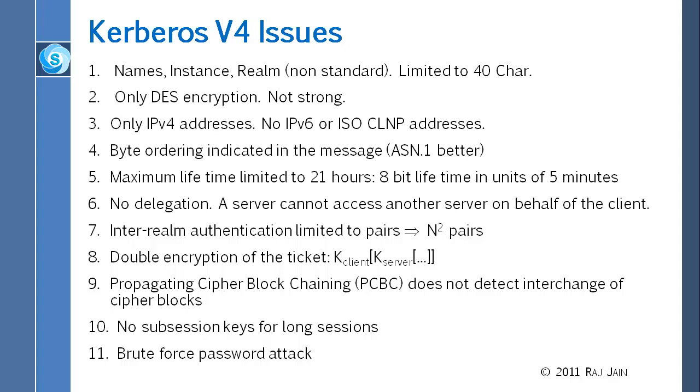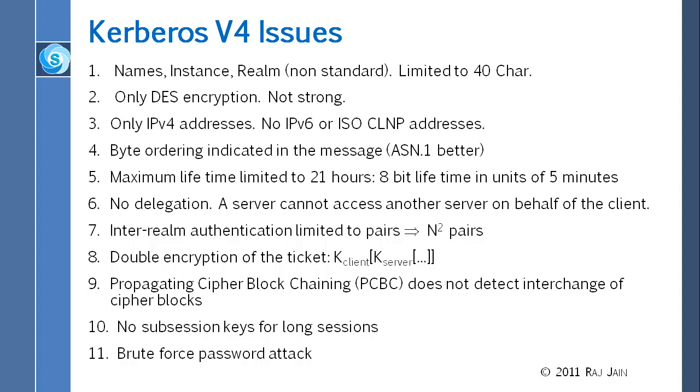Right now the byte ordering is indicated in the message. Then the maximum lifetime is 21 hours because it is an 8-bit lifetime in units of 5 minutes. So 5 minutes times 256 is 21 hours. The time is 8 bits, 1 byte, and each unit indicates 5 minutes.